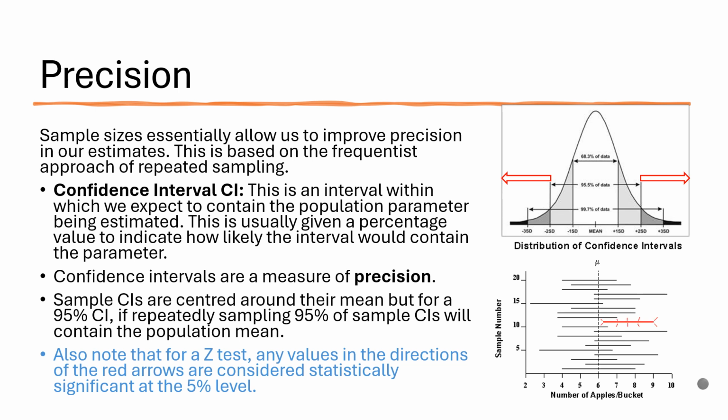So that confidence interval is a measure of how likely it is to contain the true population parameter. The simplest way to explain this is if you look at the graph at the bottom, the one with the horizontal lines with the red line peeking out there. That's an example of what a 95% confidence interval looks like.